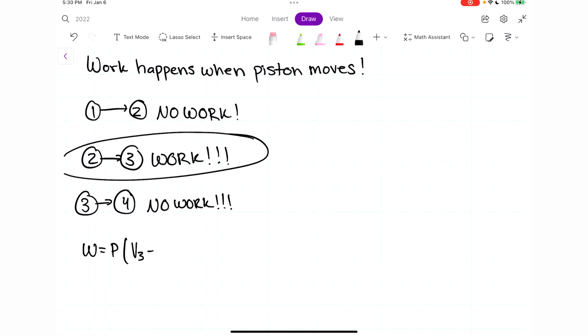Minus the volume initial, but the volume initial when work is about to happen, right? So V2. Because work did not happen from state 1 to state 2 or from state 3 to state 4. It happened from state 2 to state 3. That's where we get volume initial and volume final from.